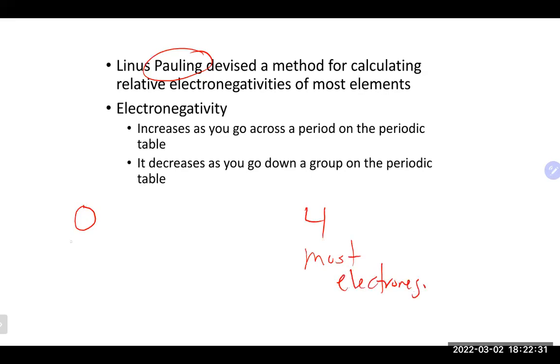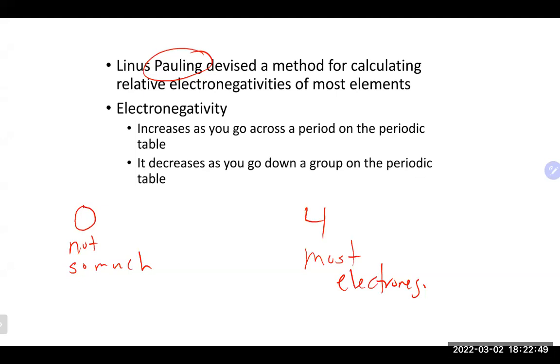And 0, not so much, really not so much. I'll just write that, why not? So 0, pretty much no electronegativity, is not really interested in gaining electrons, and 4 is the most. Fluorine has a value of 4, as we'll see here in a second.